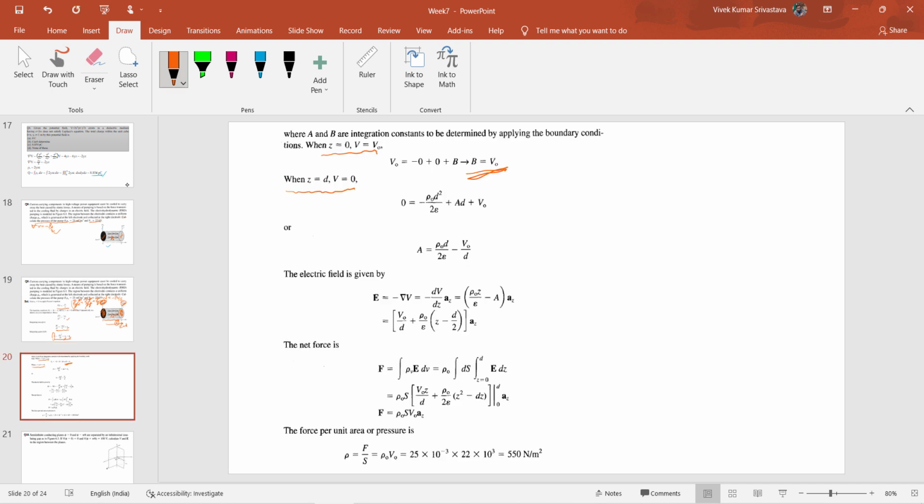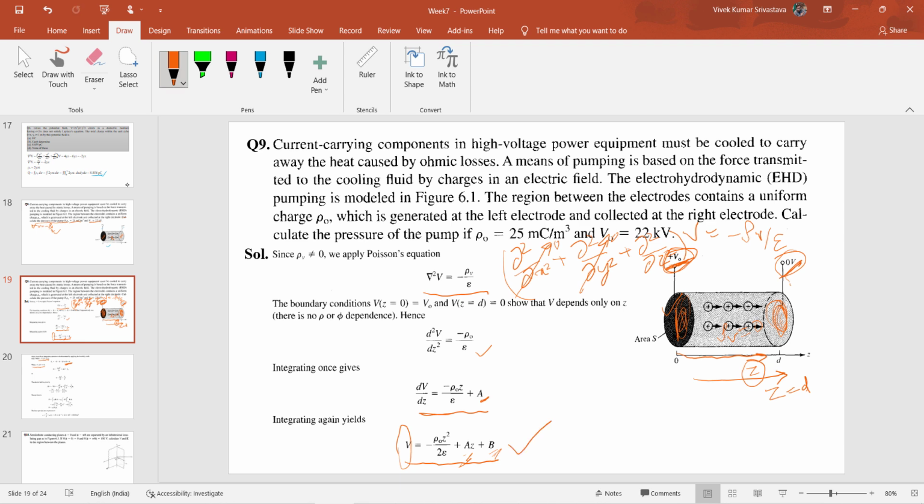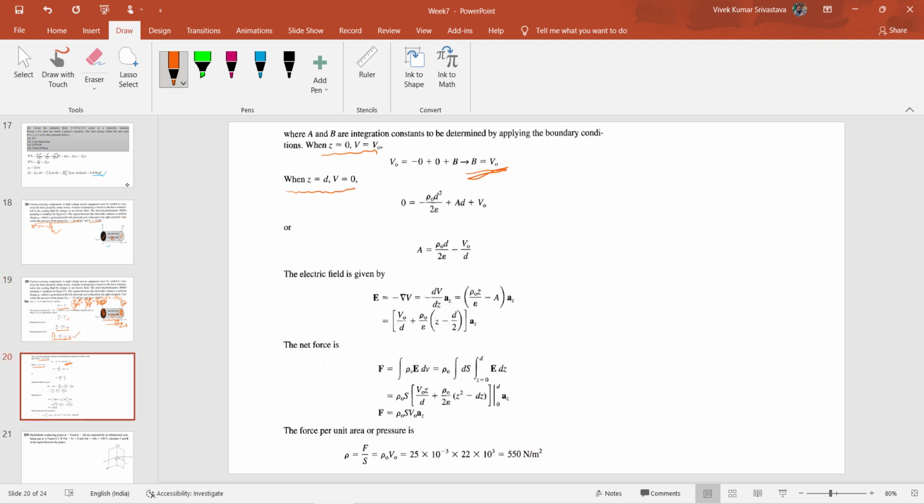So we will use this and put the value of z in this expression as d and V as 0. So we can find out the value of a, which is given here. Okay, so you can put the value of a and b in the expression like here.